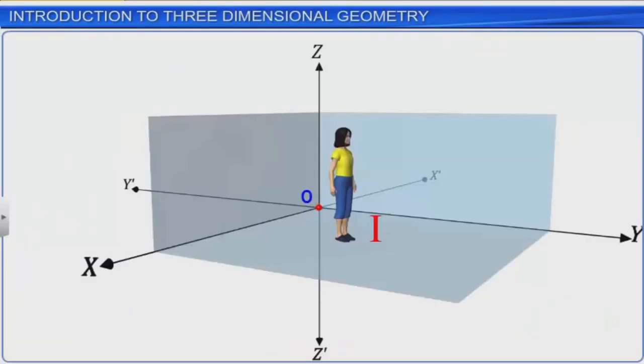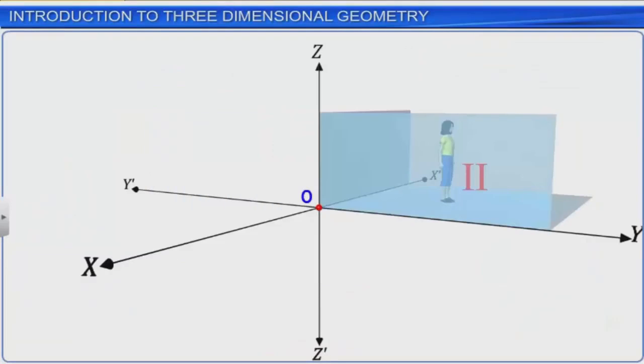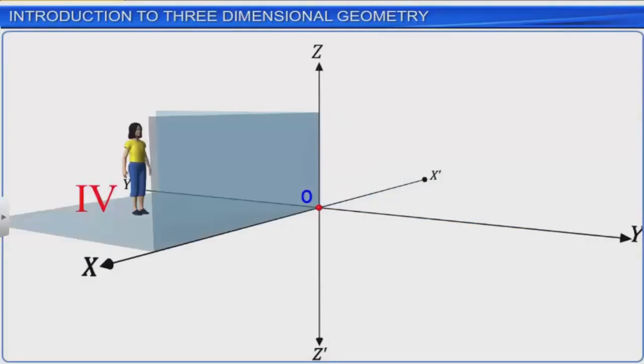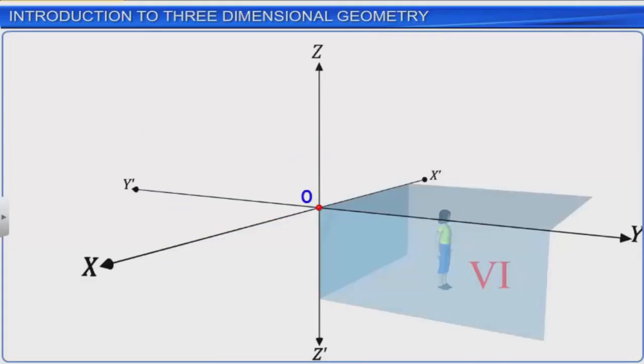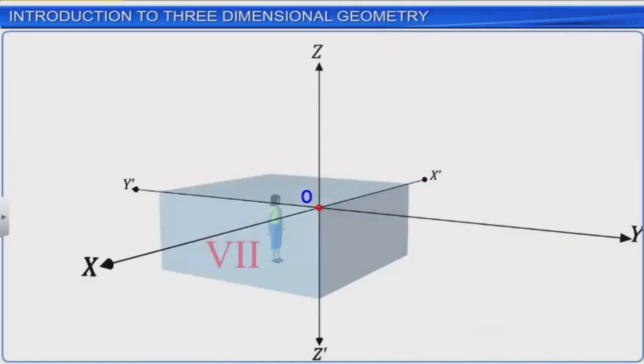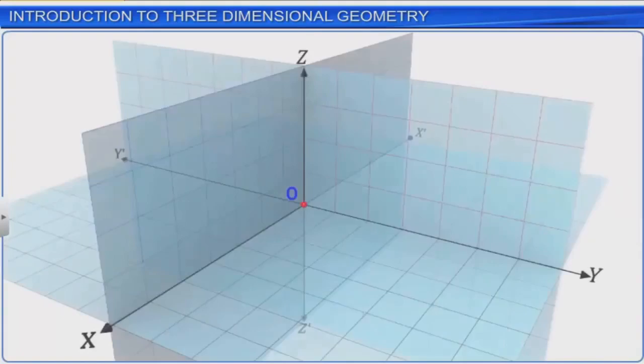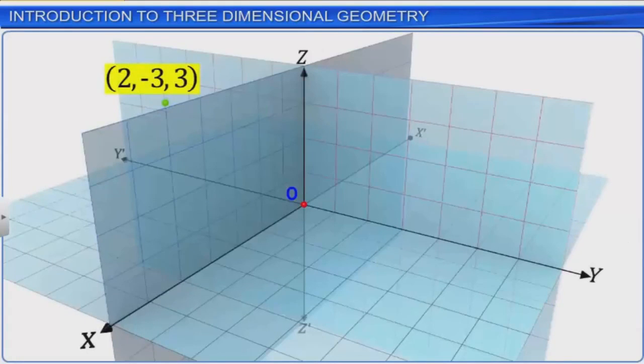The coordinate axes divide the coordinate space into 8 parts, called octants. The sign of the coordinates determine the position of a point in a particular octant. For example, the point 2, -3, 3 lies in the 4th octant. The x-coordinate of the point is 2. So we measure 2 units along the x-axis and mark a point.